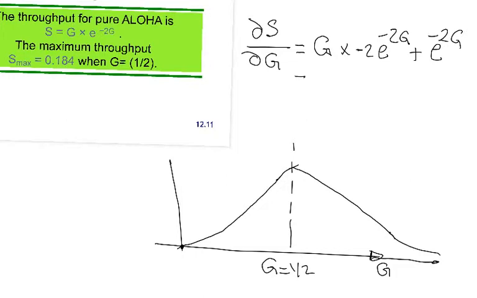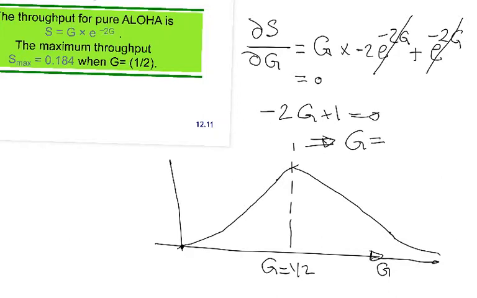Setting this derivative equal to 0, we multiply by e to the power 2g to take it away.